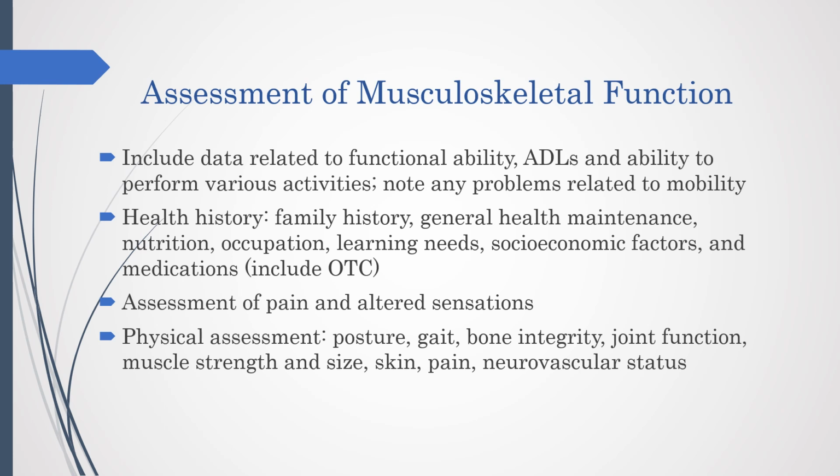Now we're going to talk a little bit about the assessment of the musculoskeletal system. When you do an assessment of the musculoskeletal system, make sure to collect information about the patient's health history and musculoskeletal disorder. When you get the health history, make sure to get the history of any chronic musculoskeletal disorder.